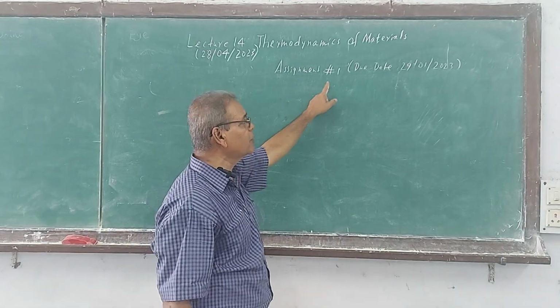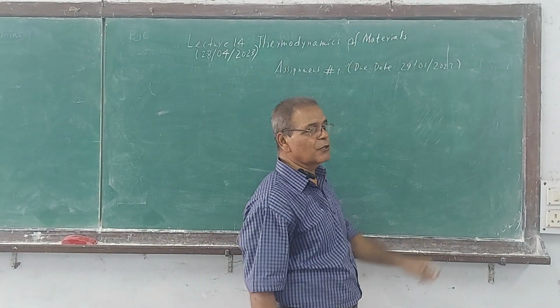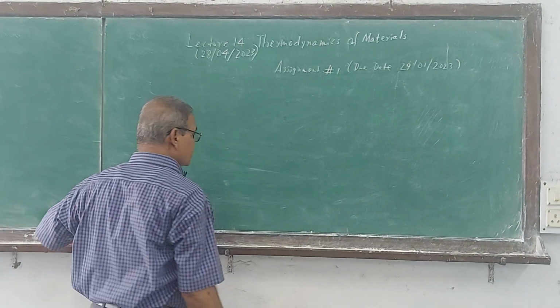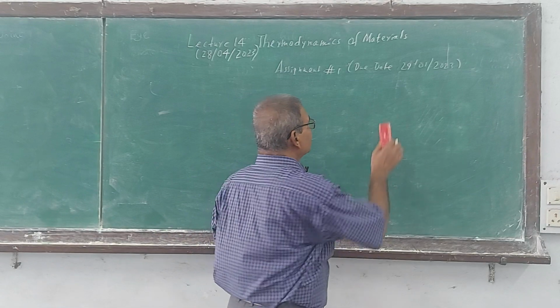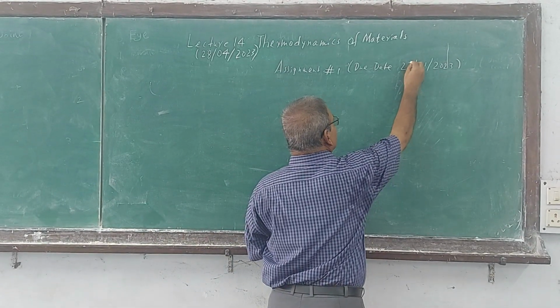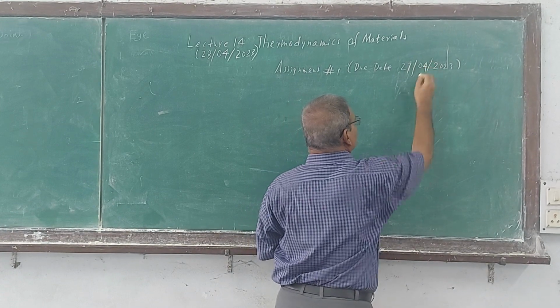Another point is assignment 1. Last class I said the due date was 29/1/2023. It was incorrect. It would be yesterday's date, 27, which is over, and it is April 4.